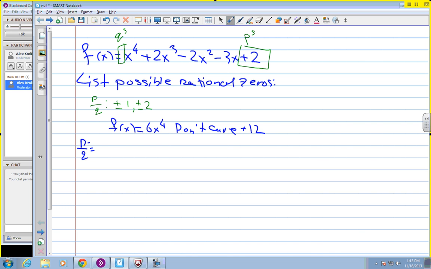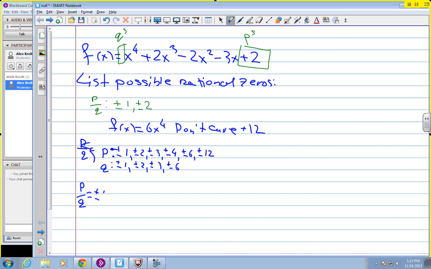Let's just list p's and q's. P's are 1, 2, 3, 4, 6, 12, and q's are 1, 2, 3, 6. And you don't do the ones that double? Right, you don't need to list the ones that double.